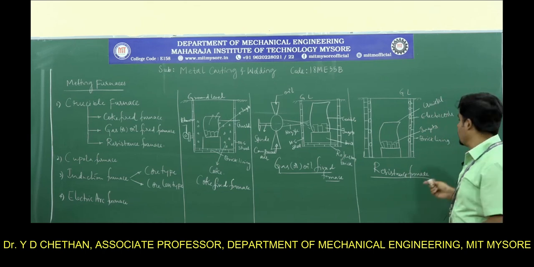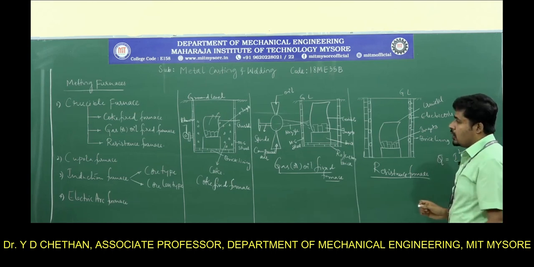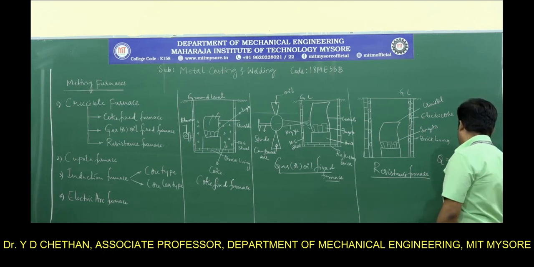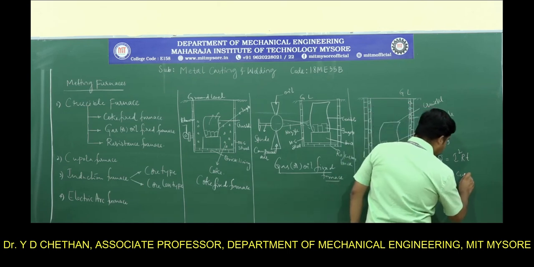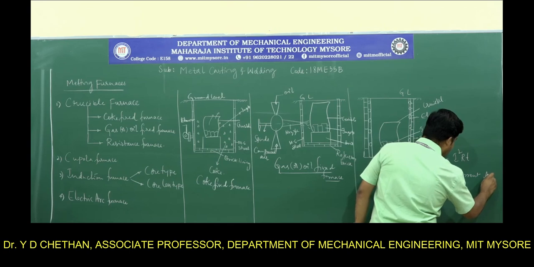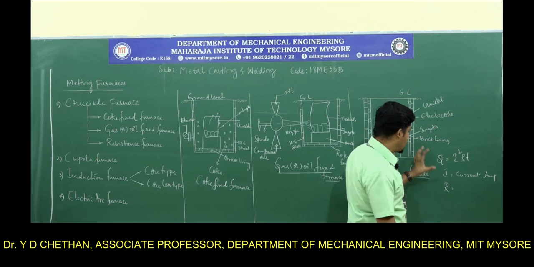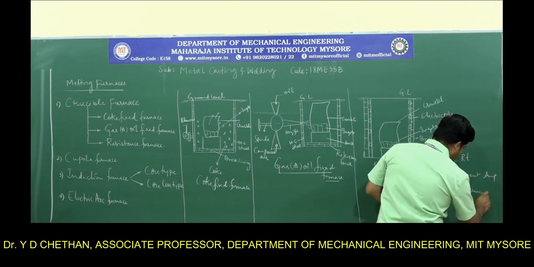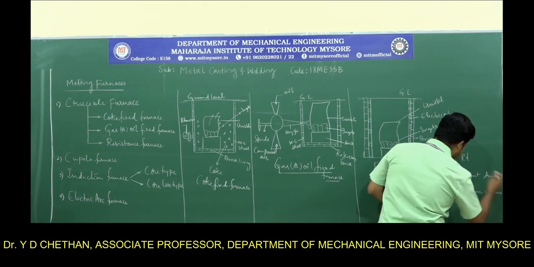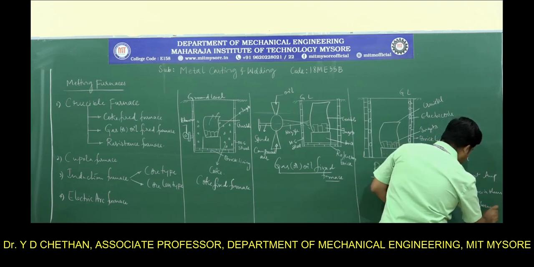The heat generated depends on the mathematical model Q = I squared R T, where Q is the heat generated, I is the current in amperes, R is the resistance offered by the coil in ohms, and T is the time in seconds.